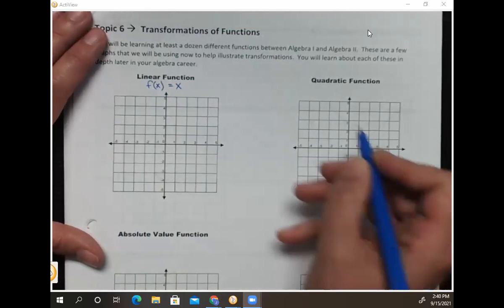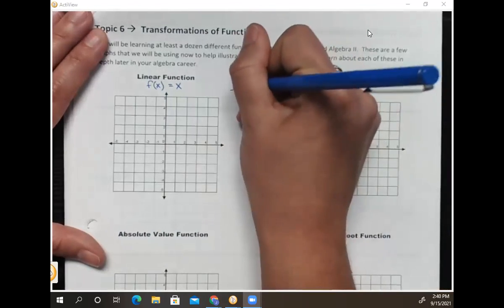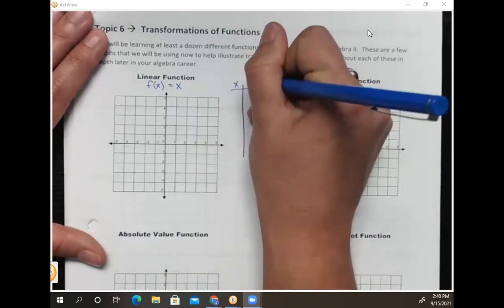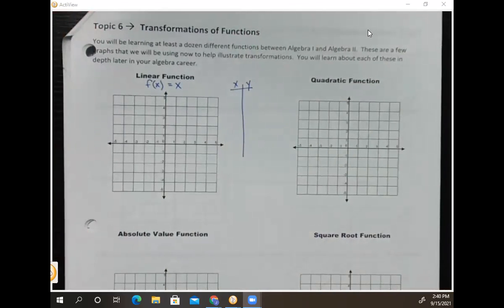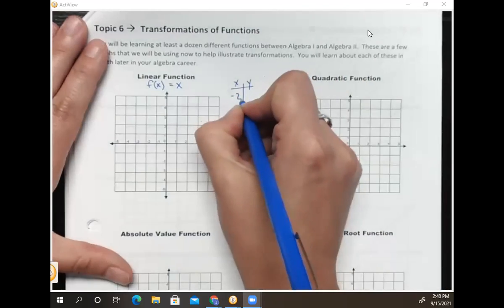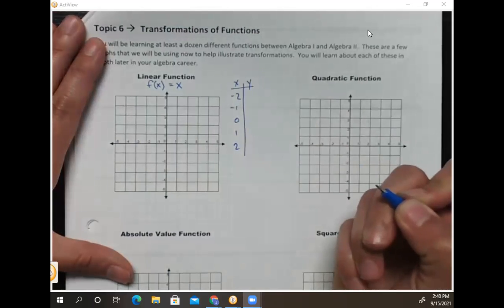Anytime I want to graph something, I can always make a table, pick some values for x, and plug them into my function to see what I get for y. If you ever get stuck, you're taking a quiz or a test or a quick check, and you have to graph something and you've forgotten what you need to do, make a table. Go back to make a table. This will always work. So I'm going to pick some values for x, and I'm going to plug them in and see what I get for y.